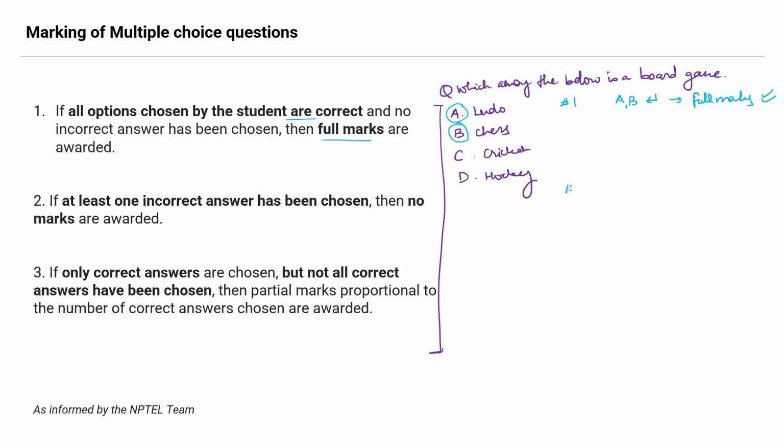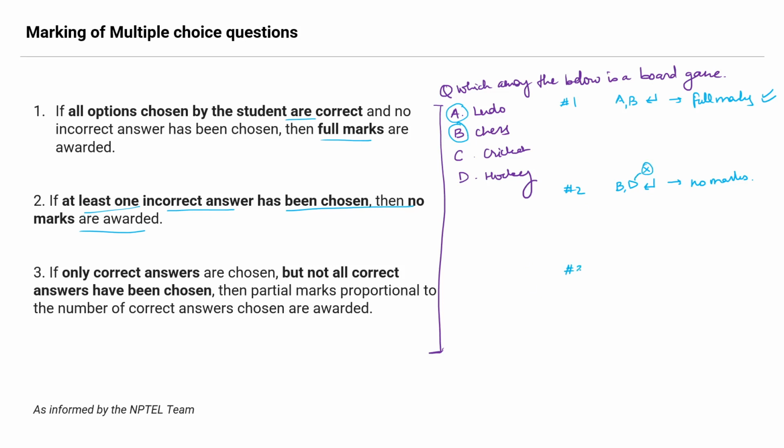Let's check scenario 2. If at least one incorrect answer has been chosen, then no marks are awarded. So if I select B and I also by mistake select D and I press enter, then no marks will be given to me. So no partial marking, nothing, because we have chosen one incorrect option.